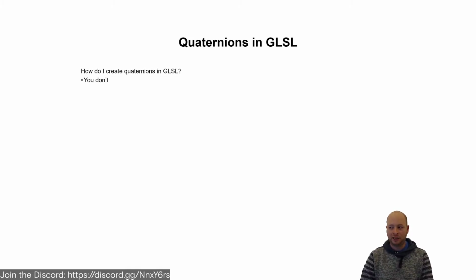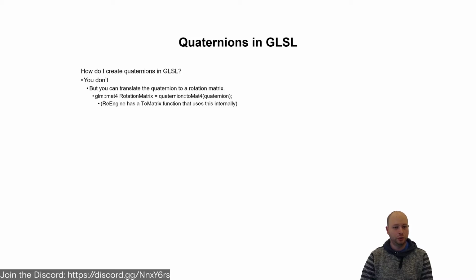In GLSL, this is on the shader side, you don't create quaternions. By this point, the GLSL should not be ingesting quaternions. At this point, you should be receiving a transformation matrix of some kind, and you can do this when you're passing your rotation matrix and so on into your shader.